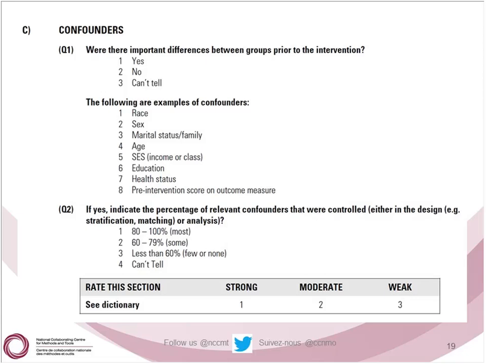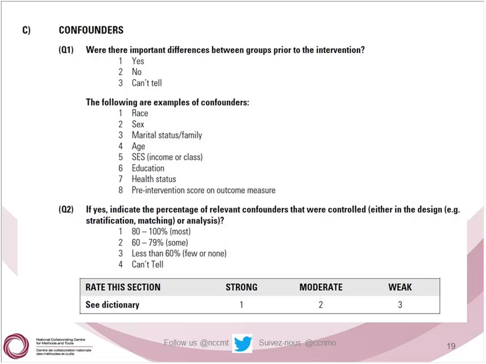One of the things that definitely helps is when you work in a certain area, you become more knowledgeable of the factors that have been proven in the literature to be important for that particular condition or issue. So you would be drawing on that kind of knowledge of what are important confounders, in addition to the ones that we've added here.